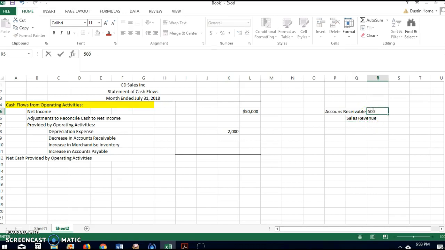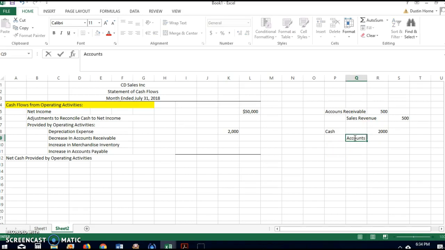So let's say we made a sale of $500. Every time I make a sale on account, it is included in net income. Now, when I receive cash for the account, let's say cash of $2,000.